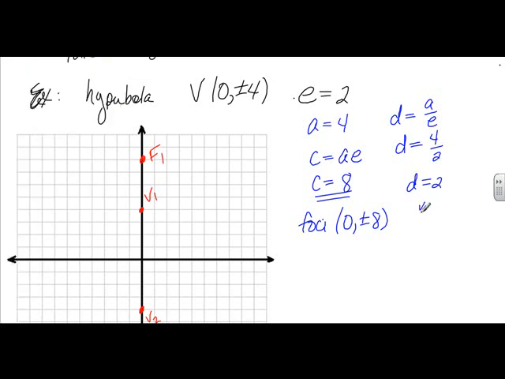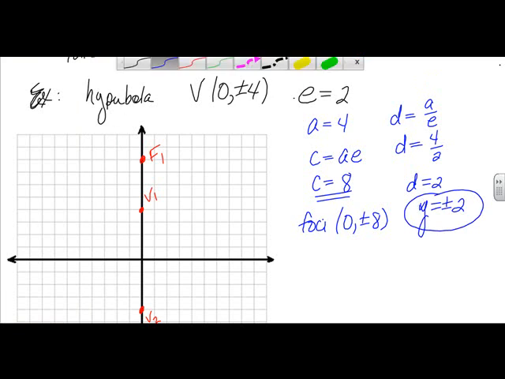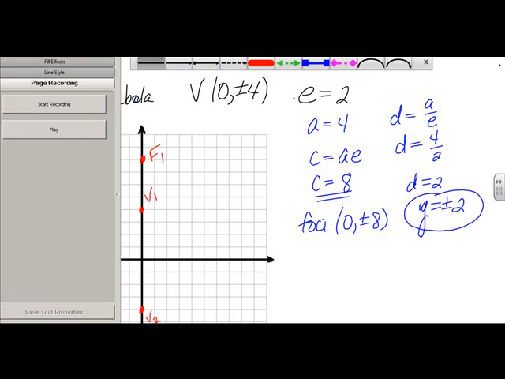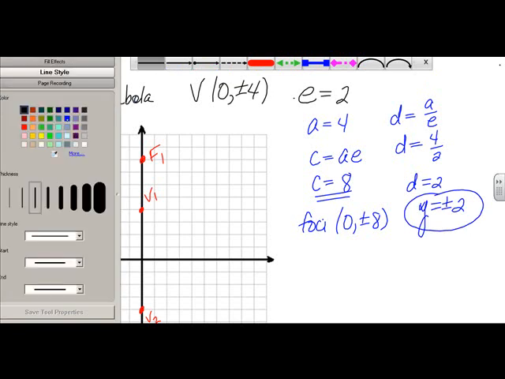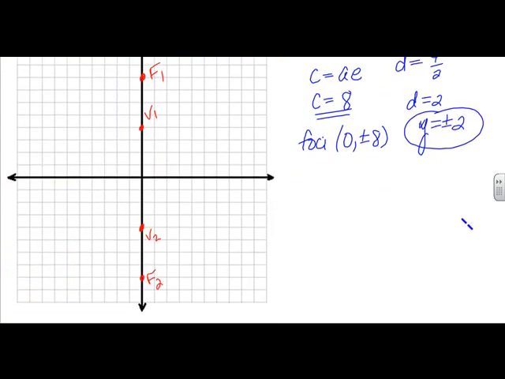So those are going to be the directrix lines. Oops. So I'm going to draw those real quick. y equals 2, y equals negative 2. There's the two directrixes.